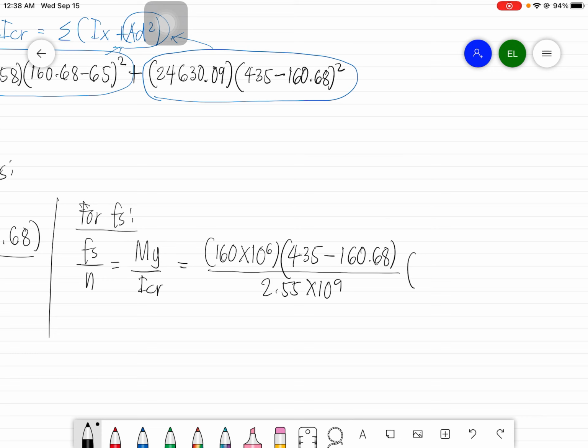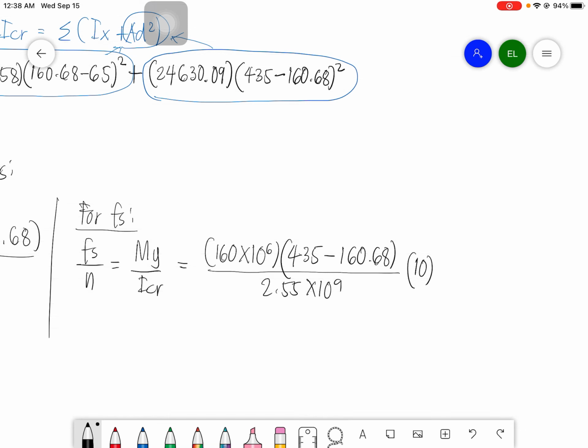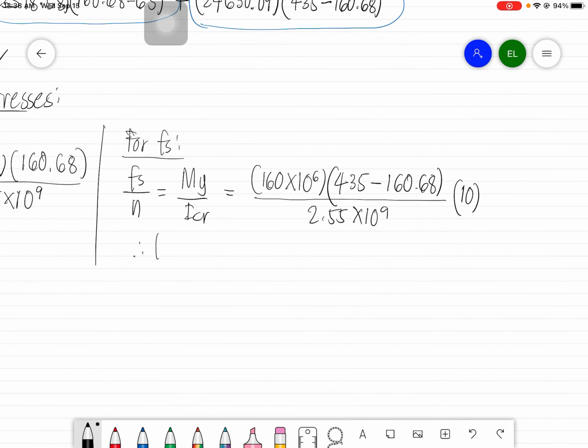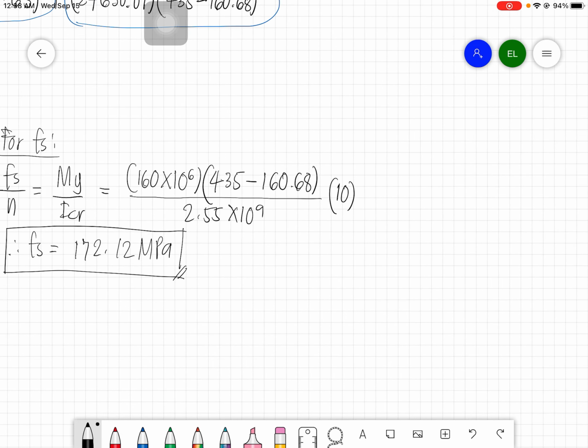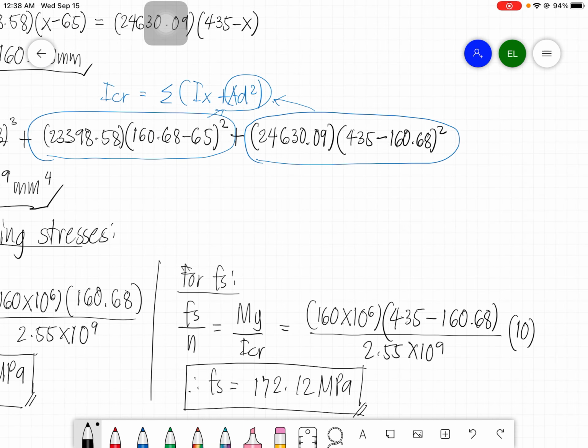Then do not forget to multiply the modular ratio, which is 10. Therefore Fs, the bending stress for tensile steel, is equal to 172.12 MPa.